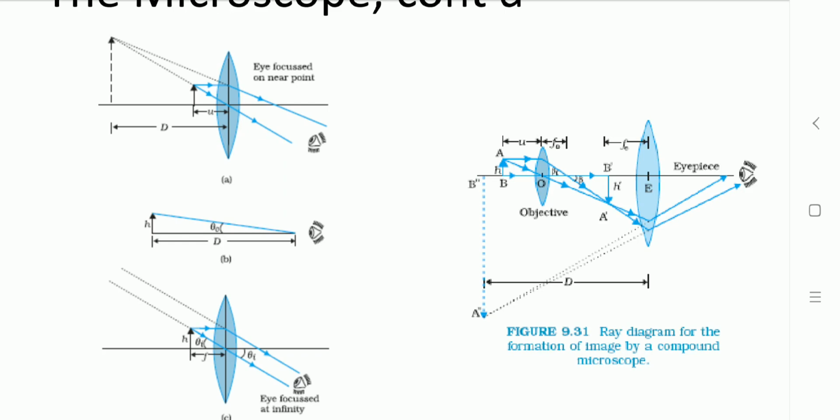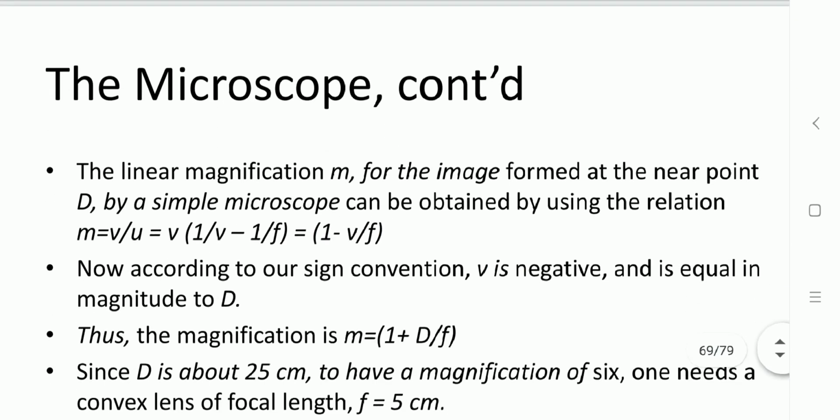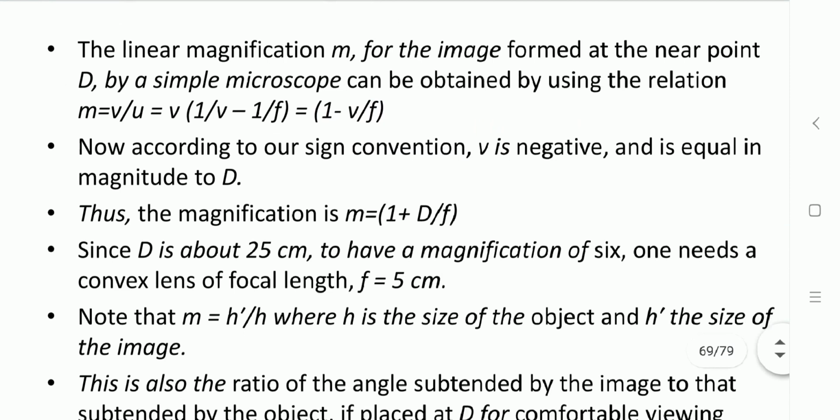Taking V common, 1 upon U can be written from 1 upon F equals 1 upon V minus 1 upon U, so 1 upon U equals 1 upon V minus 1 upon F. So we get the magnification M equals V into (1 upon V minus 1 upon F), and the resultant equation is 1 minus V by F.